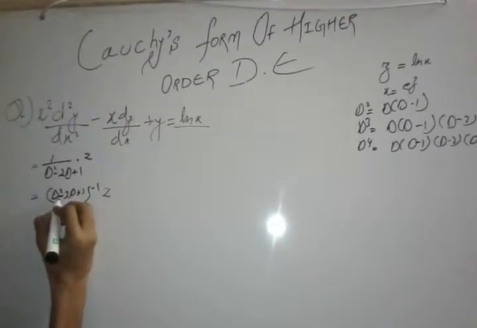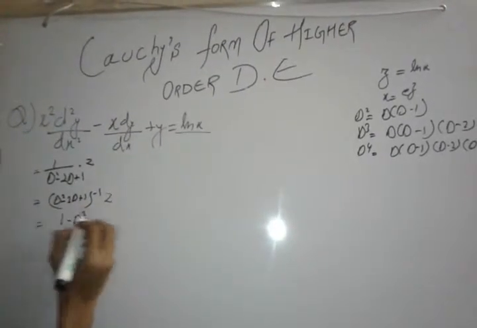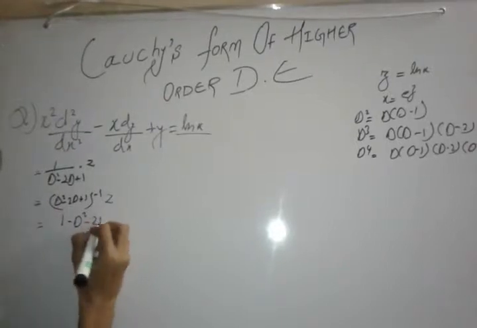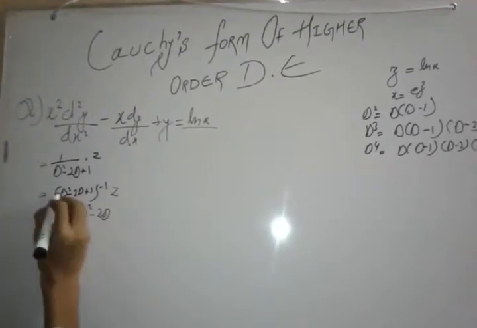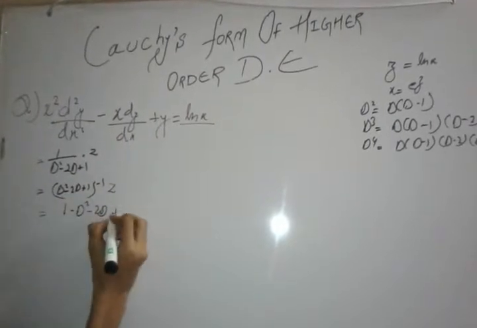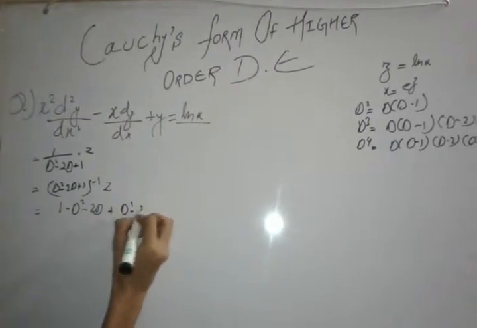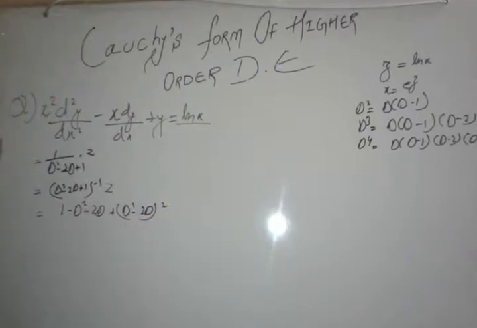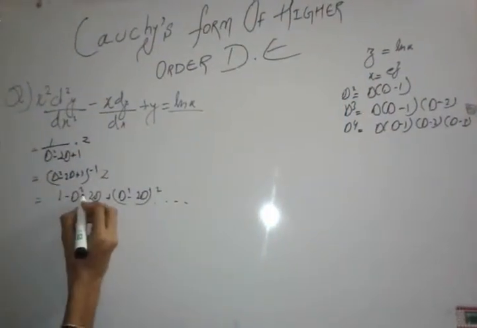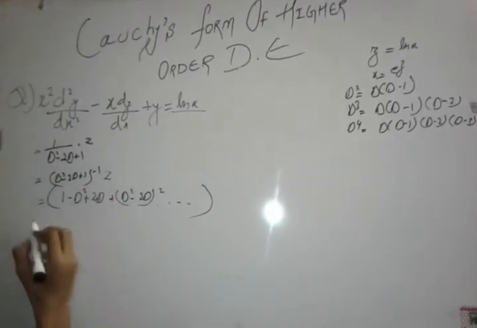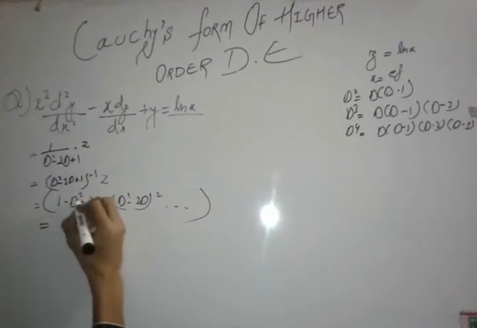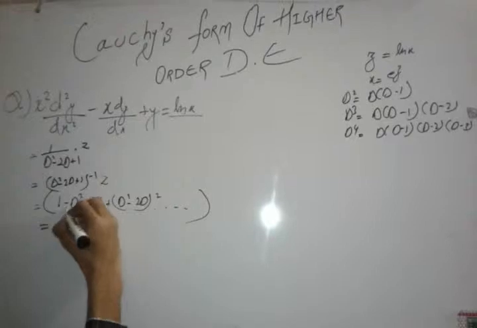If we multiply this term with plus, it will be minus 2D, and plus of this whole term, plus (D square minus 2D) whole square, and this term will be plus, and so on.